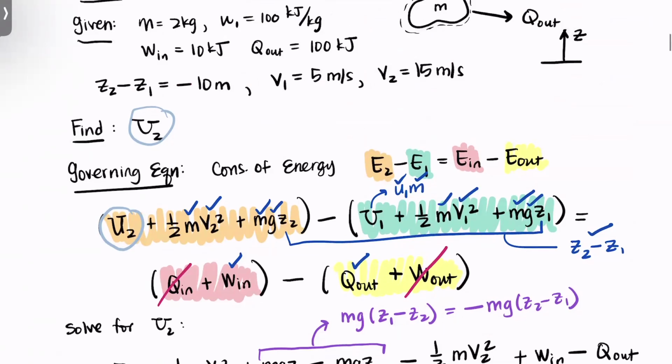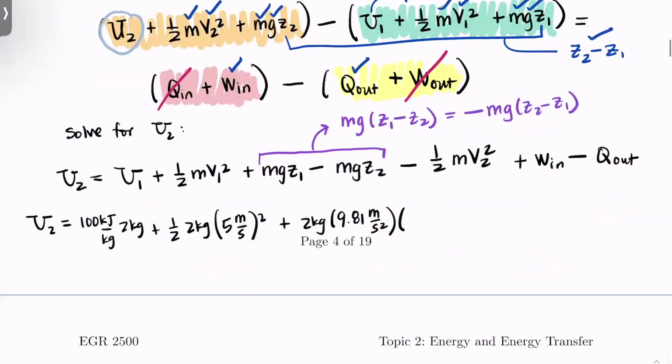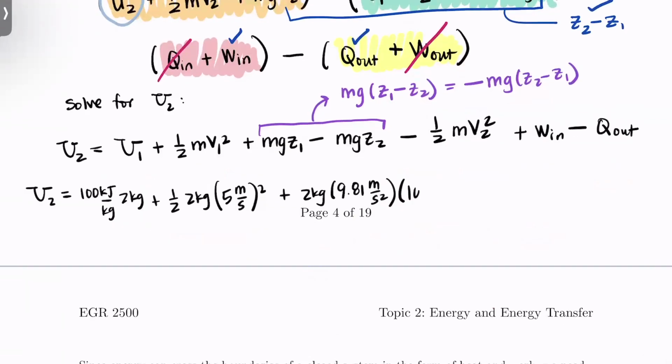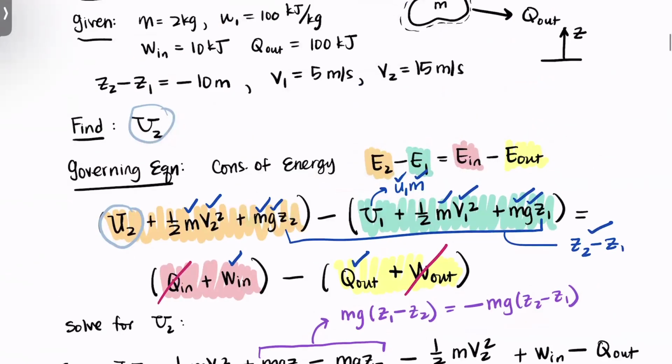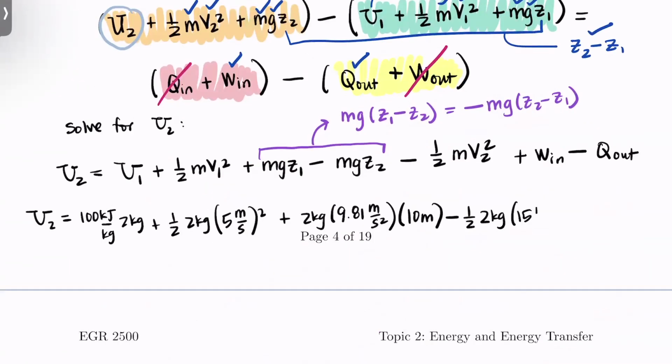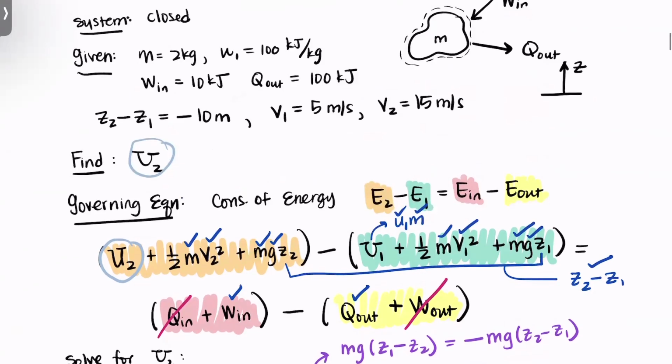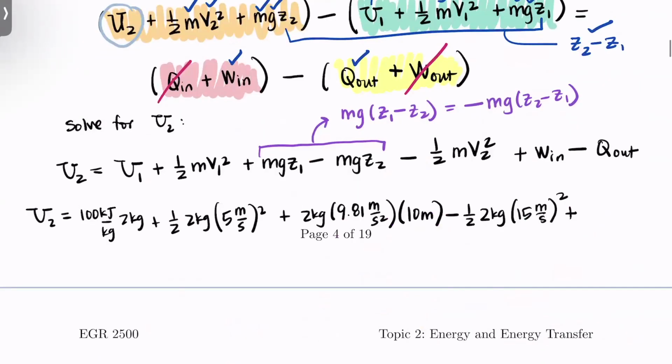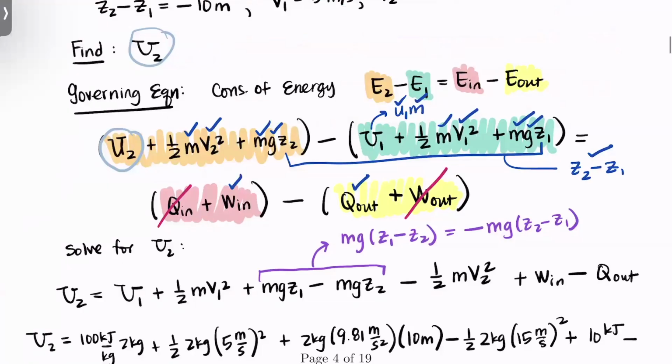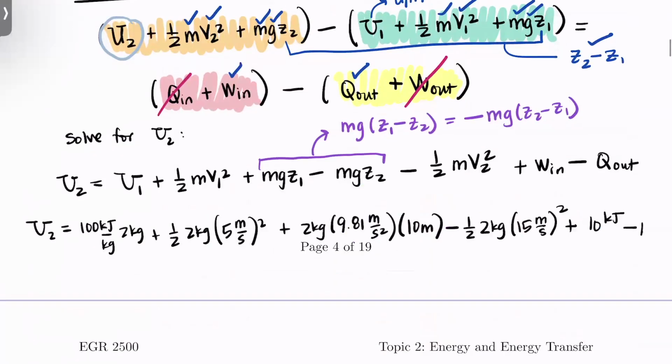So we're given z2 minus z1 is minus 10, so that means z1 minus z2 is 10, right? So I've got 10 meters. And then minus 1/2 times 2 kilograms times, I think it's 15, yeah, 15 meters per second, squared. Plus our W in is 10 kilojoules. And then our Q out is 100 kilojoules.